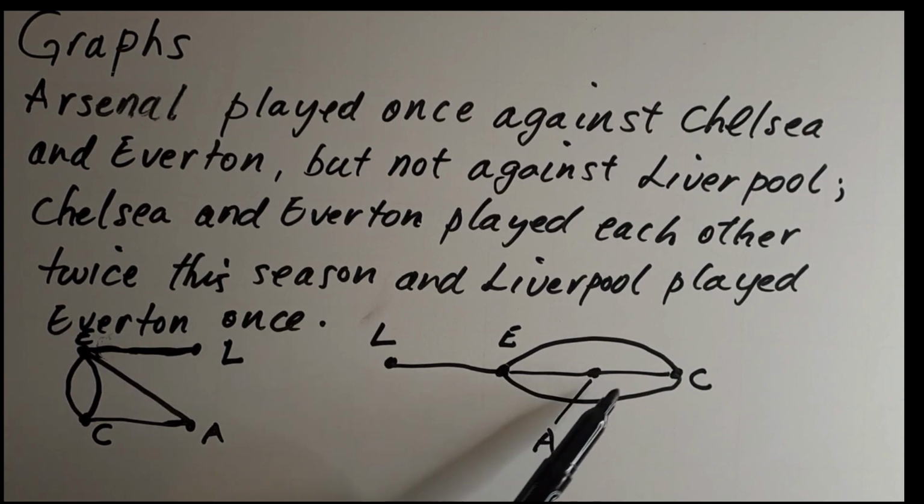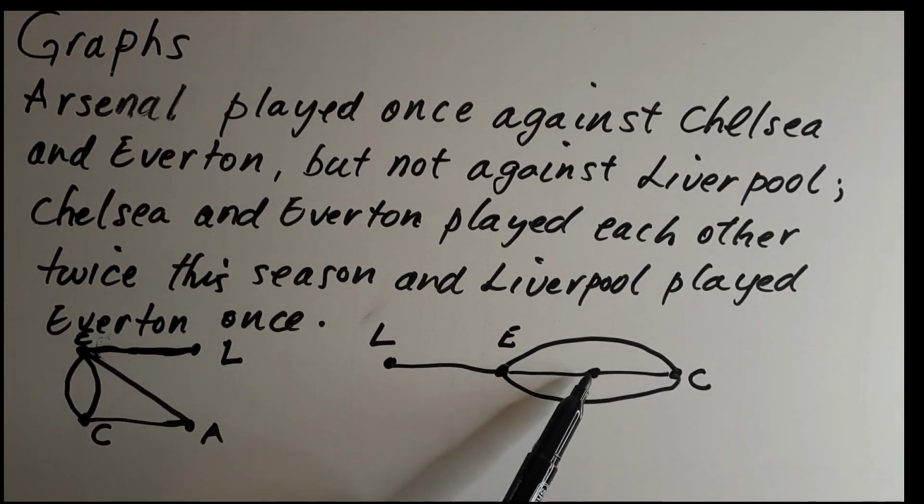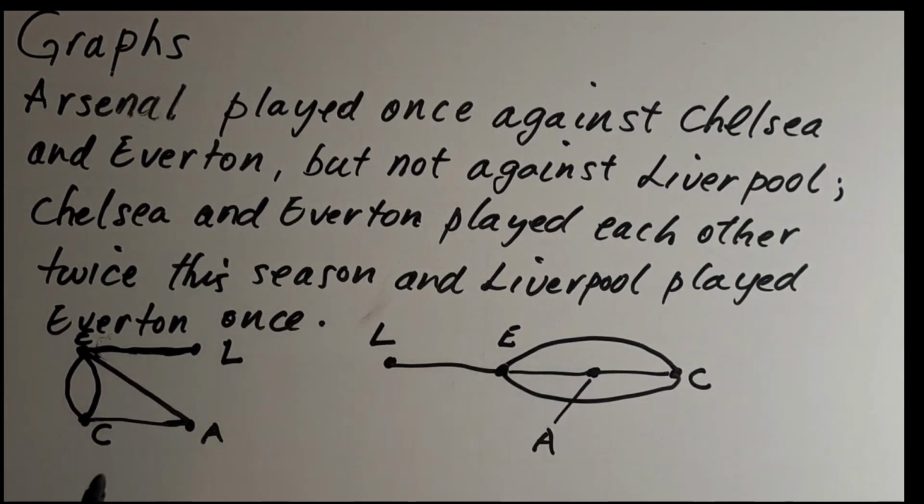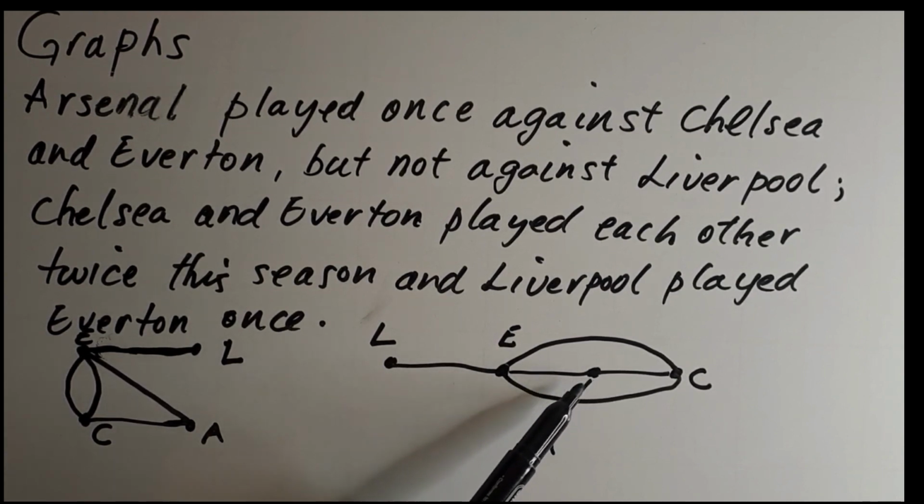So Arsenal, Chelsea once and once against Everton. So there's an edge joining E to A and A to C, but not against Liverpool. So there's no connection with Arsenal directly to Liverpool.